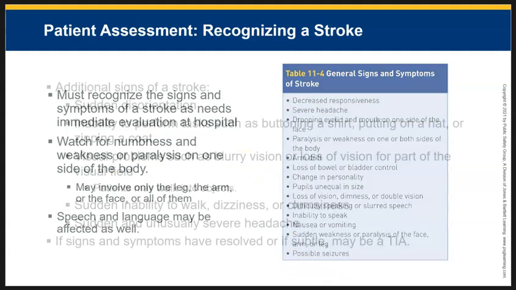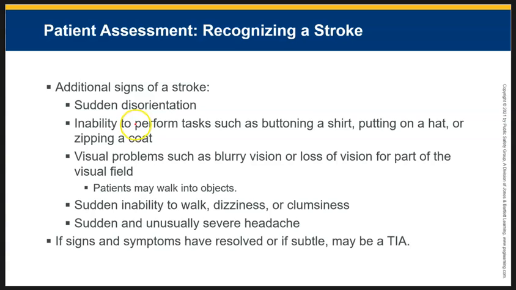Other signs of a stroke could just be disorientation or the inability to do procedural tasks that they're likely able to do, typically without thinking. If we see ataxia, stumbling, or clumsiness, or an unusually severe headache, this also could be part of a stroke.